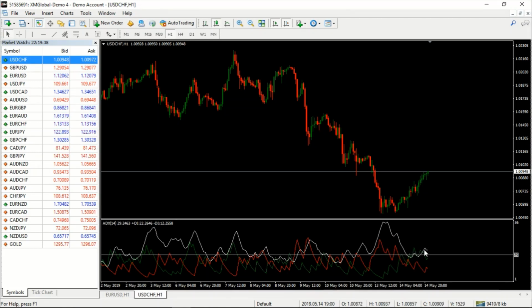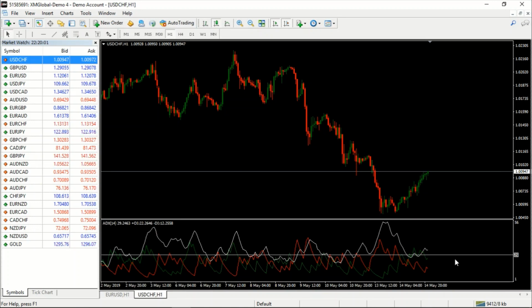So how this works is when the ADX line or the white line, as well as the red and green lines are below the 25 level over here, it shows us a market that is moving sideways. So there's no actual direction in the market, or the market is just ranging, right?